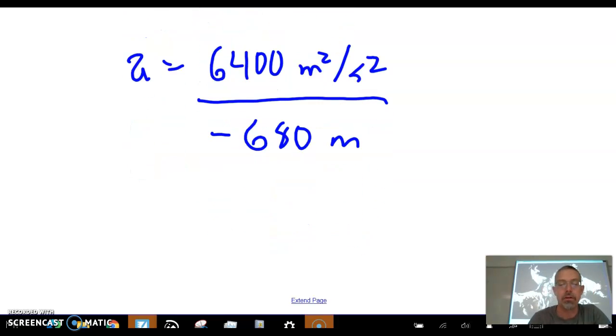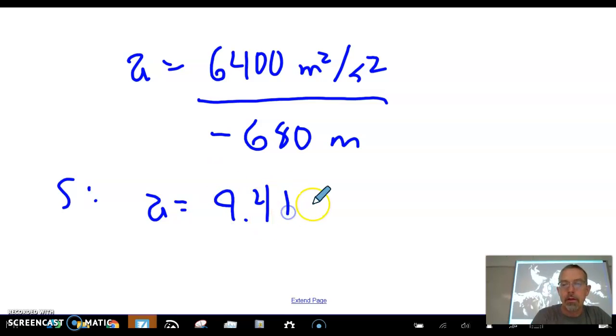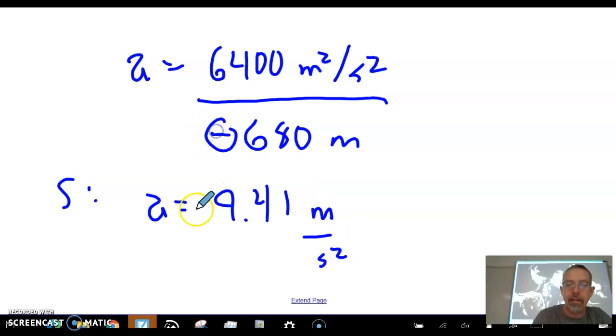So when you do the final crunching, we're going to find what the solution is. My acceleration is going to end up being negative 9.41 meters per second squared.